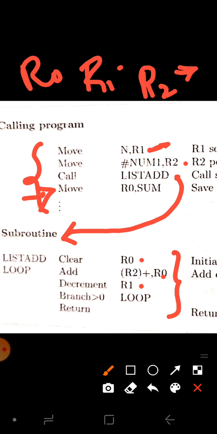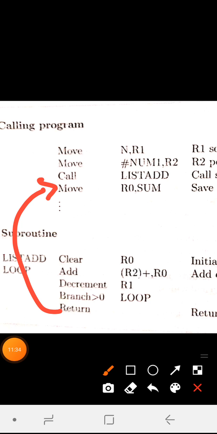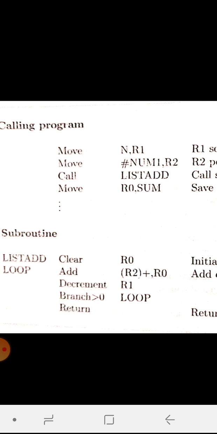After every addition, R1 is decremented and checked whether it is greater than 0. If it is, you loop back and execute this set of instructions till the branch. Once the counter becomes 0, you say return, and you return to the instruction soon after call. So this is the parameter passing used between the calling program and the subroutine.